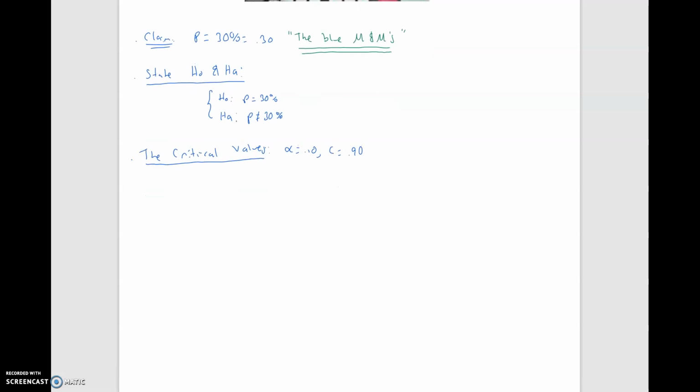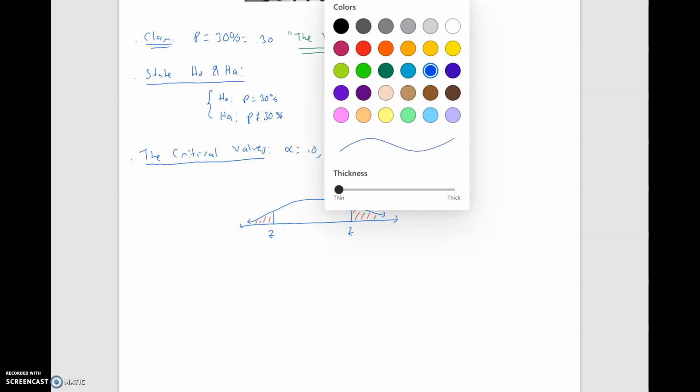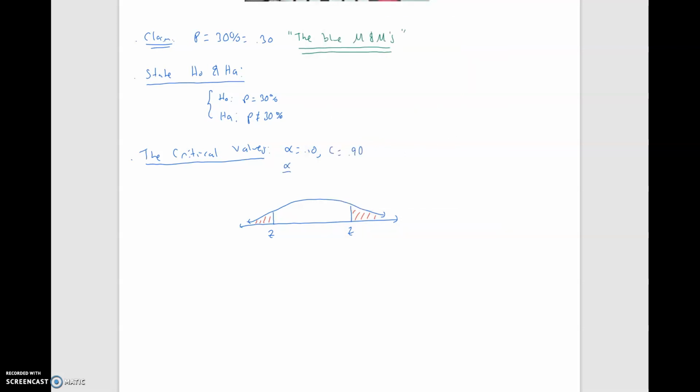This is one of the standard values, but let me just construct it since some of these may not be standard. We're going to have a critical value here, another critical value on the right. And if alpha is equal to 0.10, that means that alpha divided by 2 is 0.05. So this is 0.05, this is 0.90, and this is 0.05.